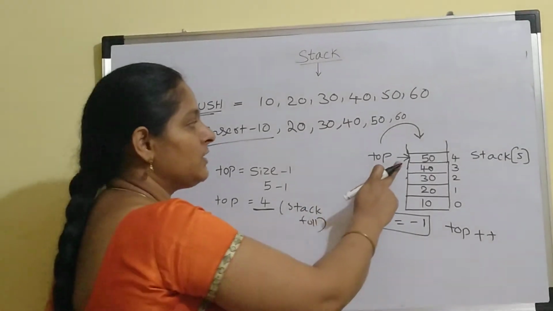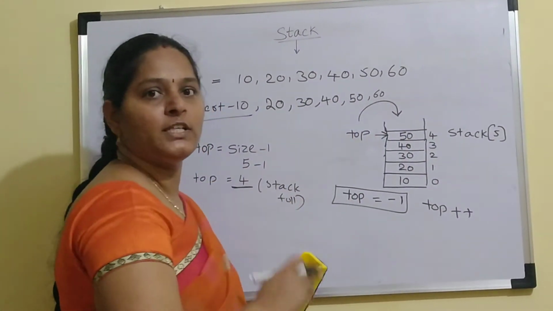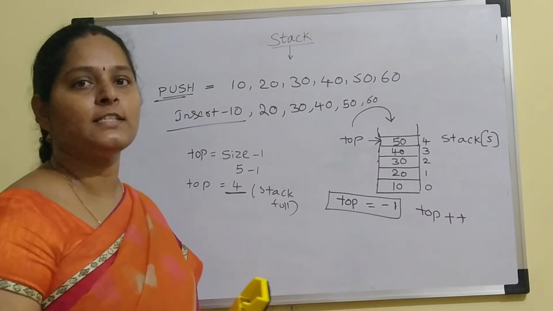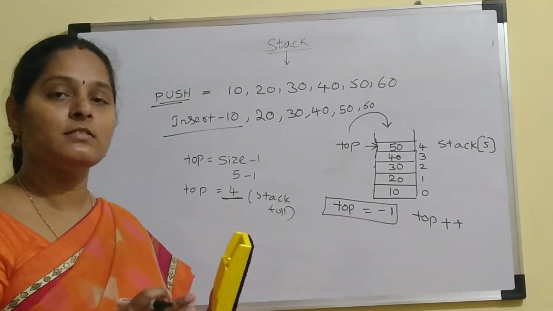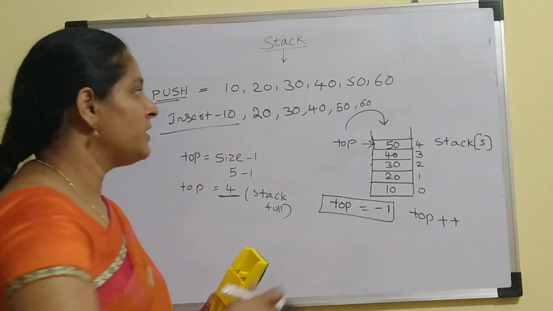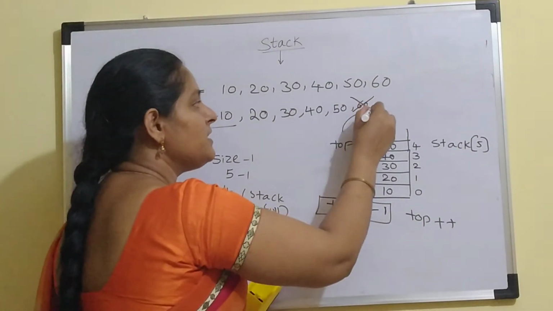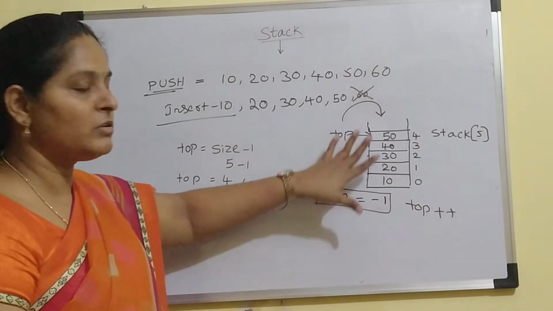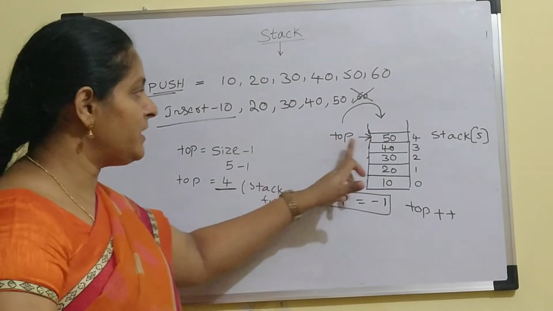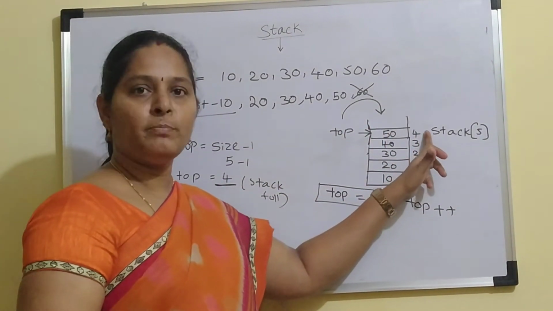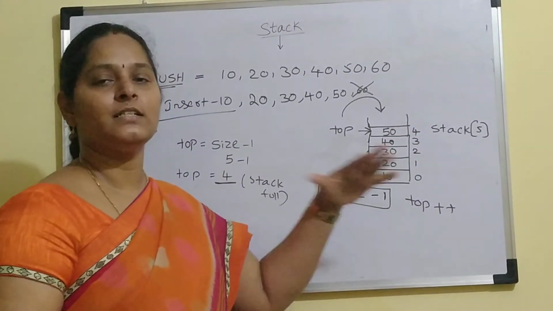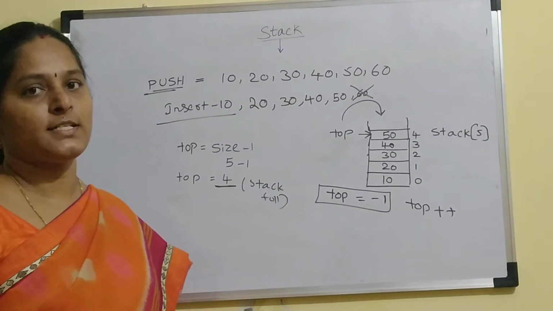Here, the top pointer is pointing to 4, so the stack is full. If the stack is full, we can't insert elements into the stack. So here we can't place 60 into the stack because already 5 elements are filled. Already the top pointer has reached the size minus 1 position. So that indicates that there are no empty locations in the stack.